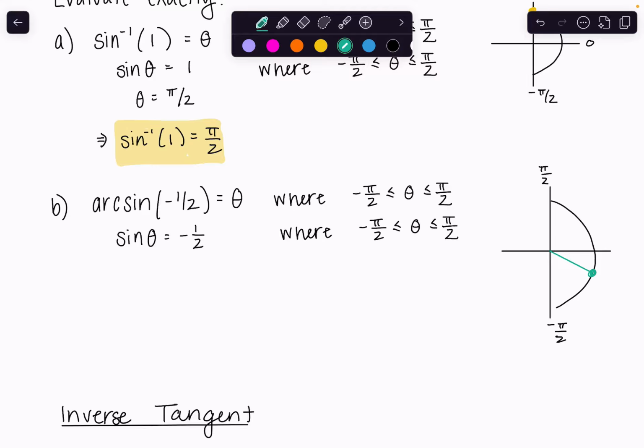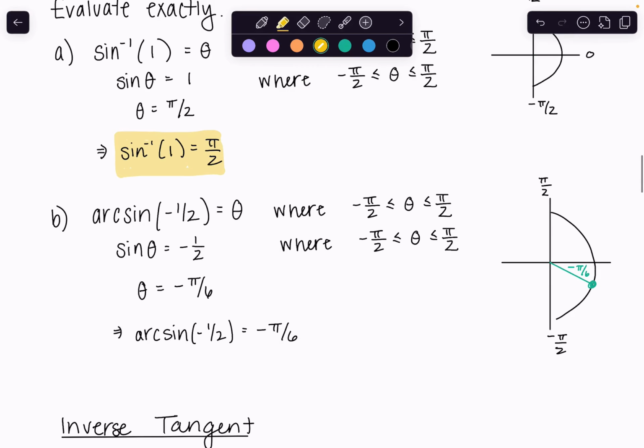To have the output of sine be 1/2, that tells you it's a 30-degree reference angle. So that would be negative pi over 6. So the angle that makes this happen is negative pi over 6. So when we evaluate arc sine of negative 1/2, we get negative pi over 6 as an output.